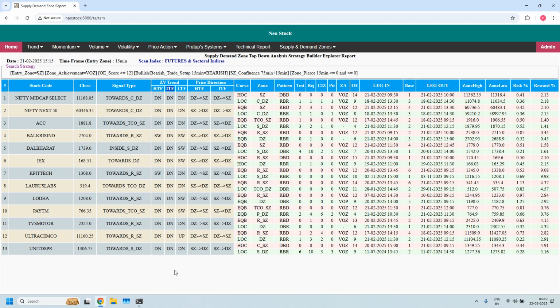So that is the reason why if 75 minute supply zone is having daily EMA confluence, because 15 minute supply zone is overlapped with 75 minute supply zone, then those stocks might be having even more higher success rate. I mean higher probability to get the success. Let's verify.